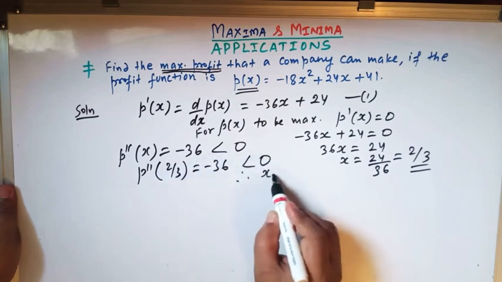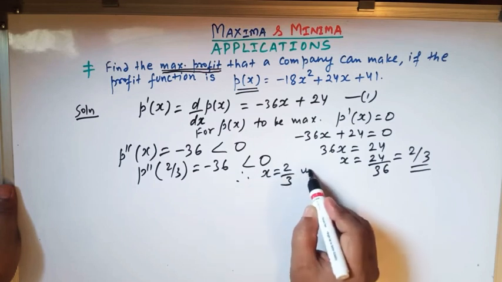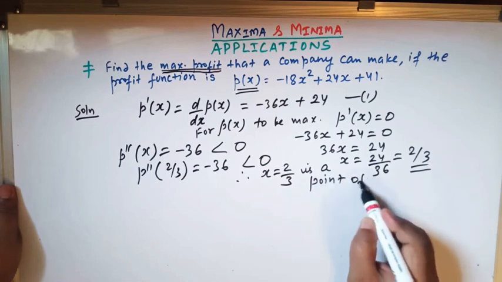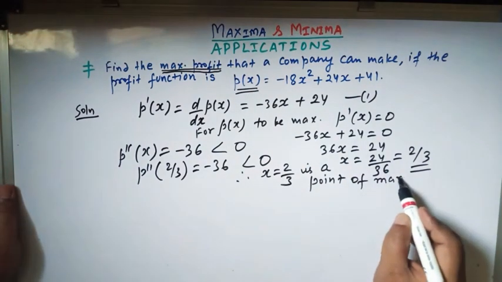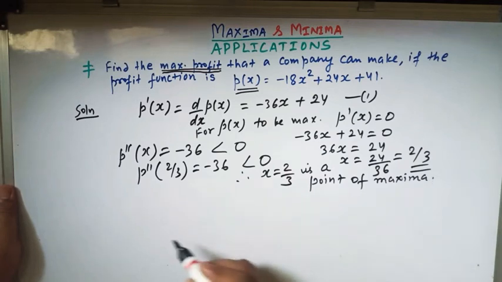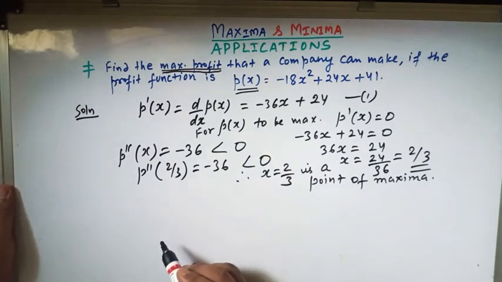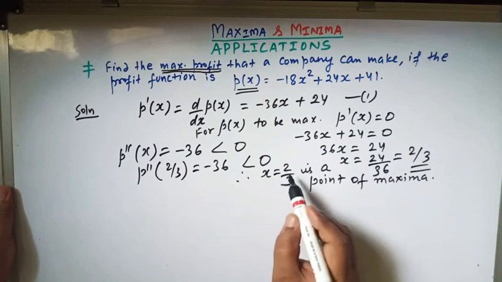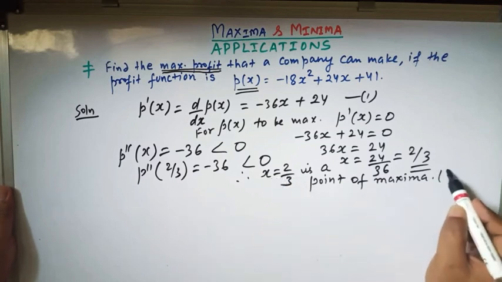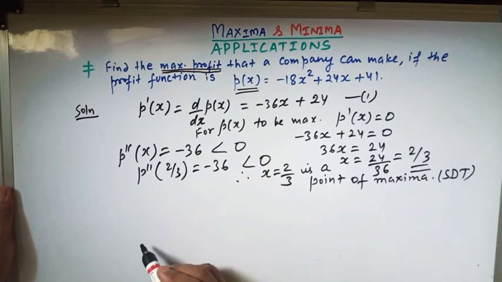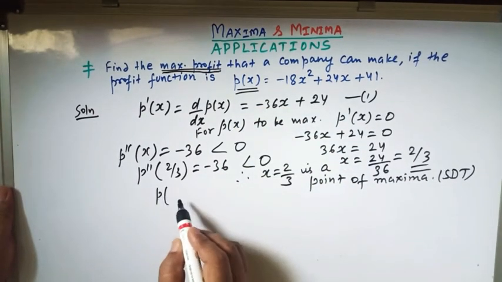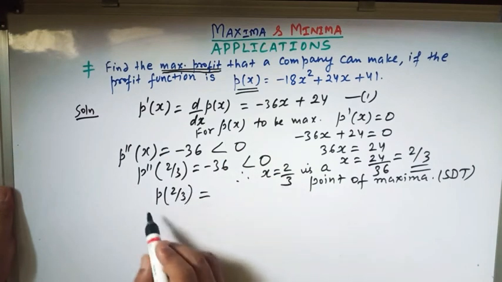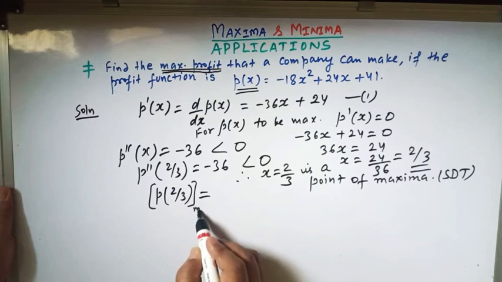So therefore x equal to 2 by 3 is a point of maxima by the second derivative test. So the maximum profit is calculated at x equal to 2 by 3.